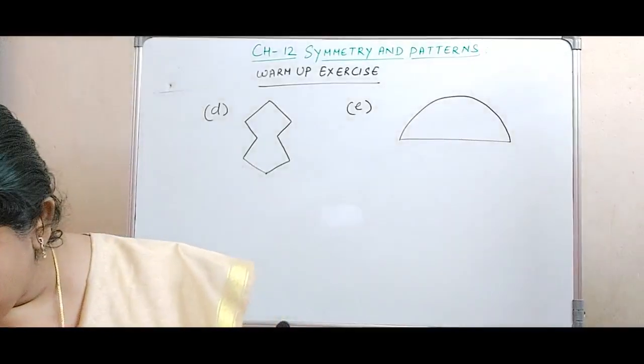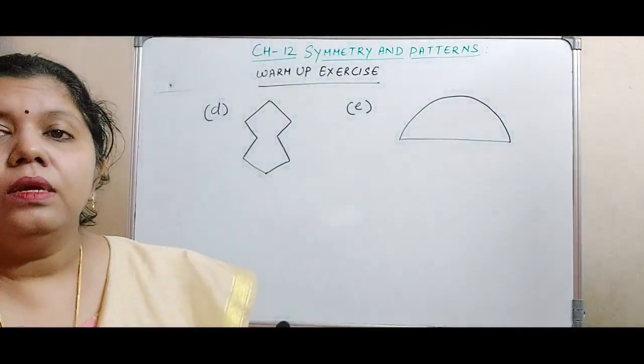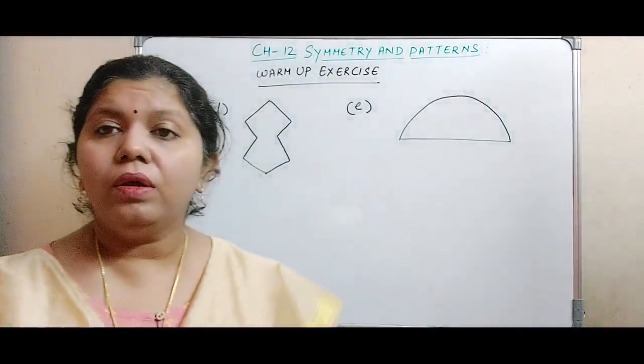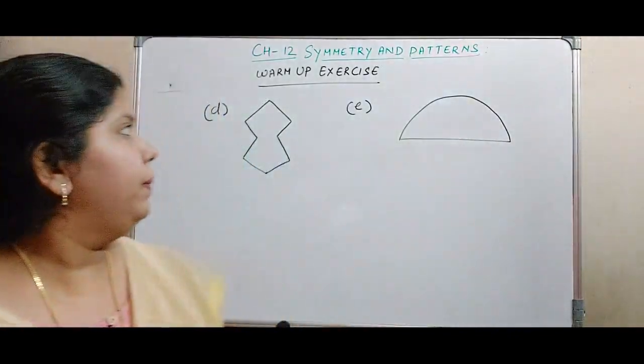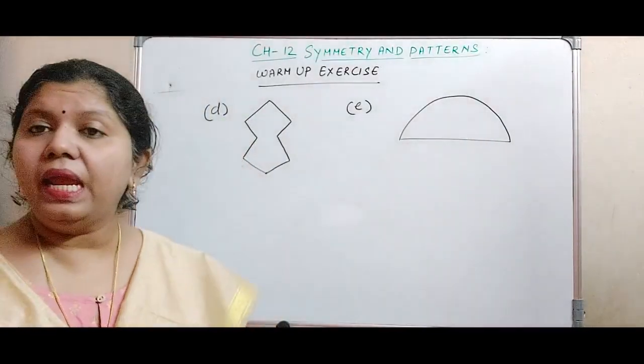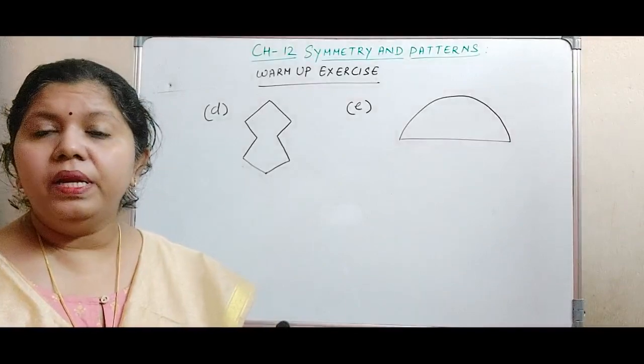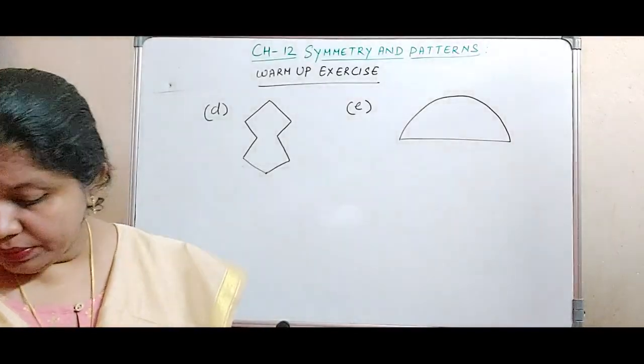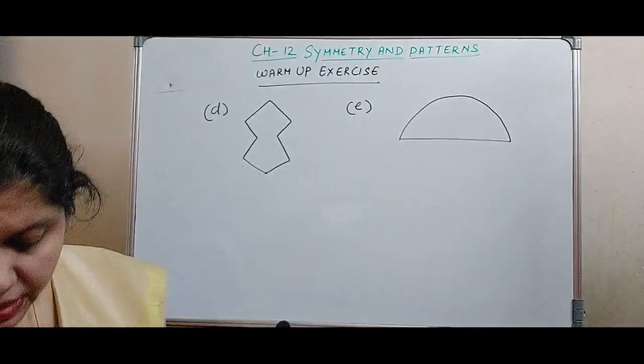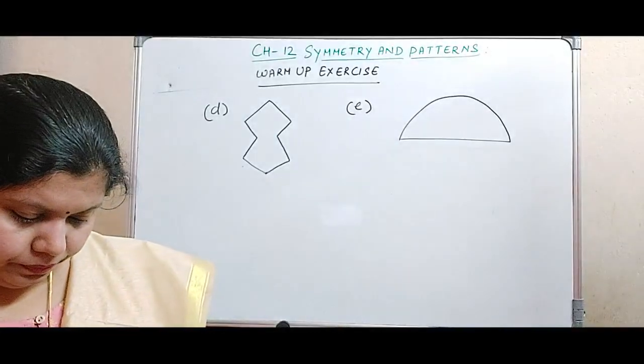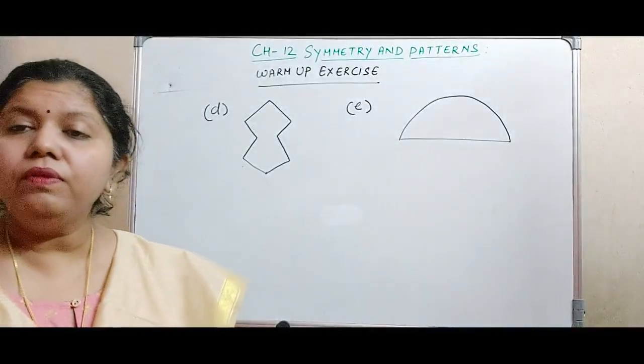Now let us do some questions from the warm-up exercise. So question number 1, bit A, B, C. Bit A is a square, bit B is a rectangle, and bit C is also an arrow kind of thing which you can easily do.